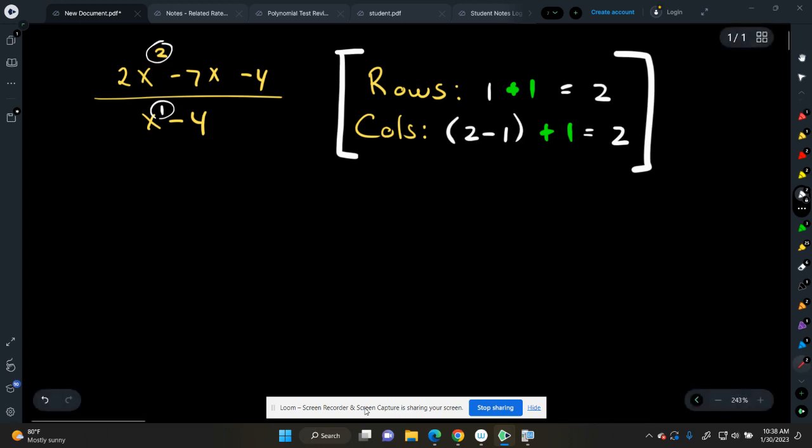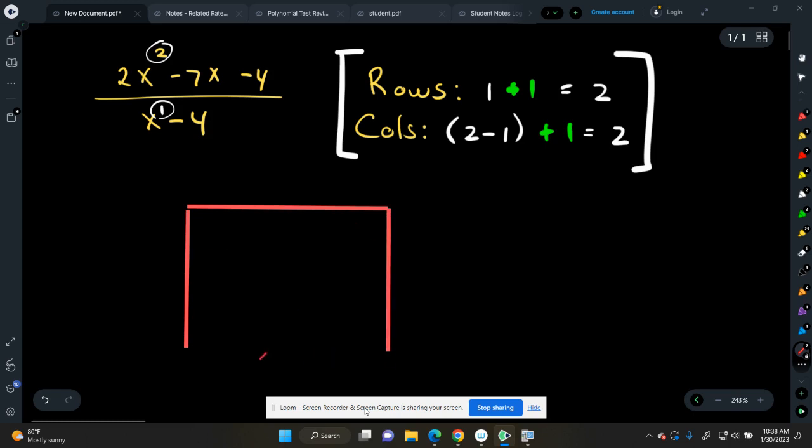Okay, so let's make a 2 by 2 box. I try to make the box as even as possible so that my diagonals are easier to follow.